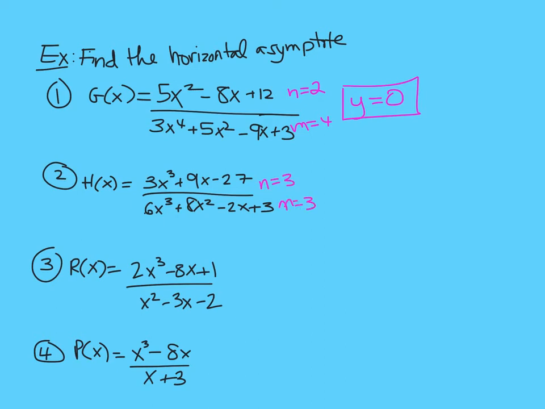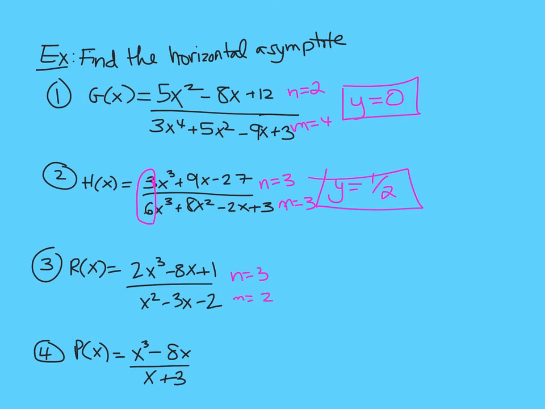That's the one where I look at the leading coefficients. So I'm going to look at my leading terms, and I do end up getting 3 over 6, which simplifies down to 1/2.